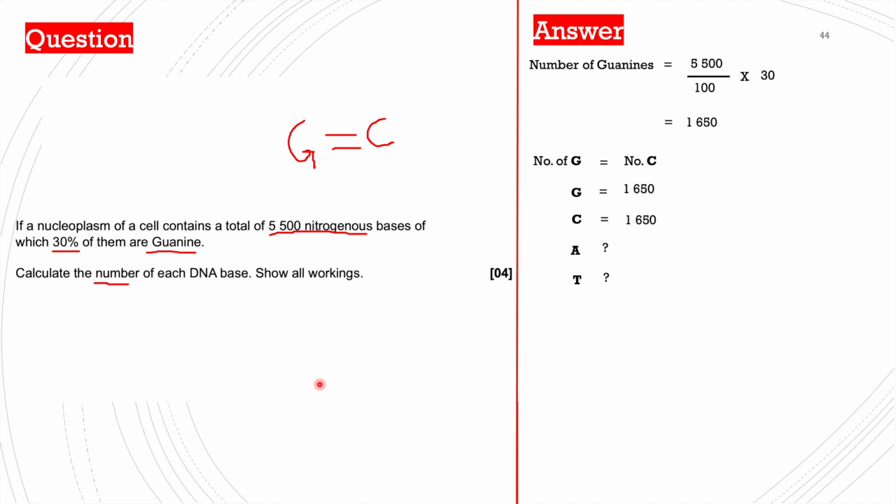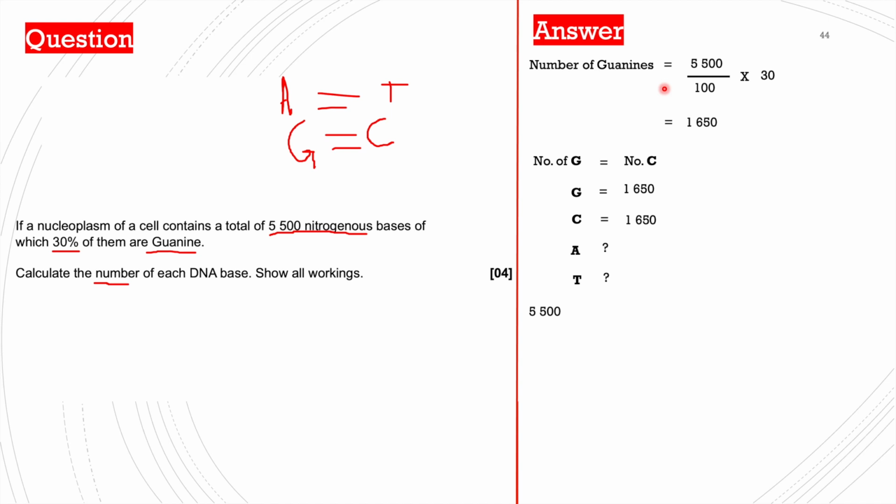All right. Now, what do we do next? We need to determine the number of adenines and the number of thymines. What we also know is that the number of adenine equals the number of thymine. So we need to subtract 1,650 and another 1,650 from the total 5,500.